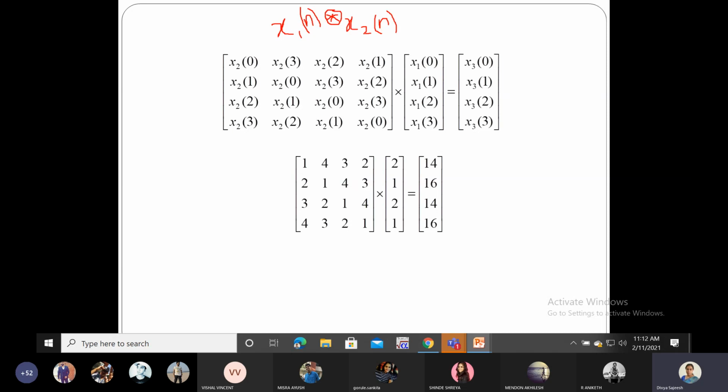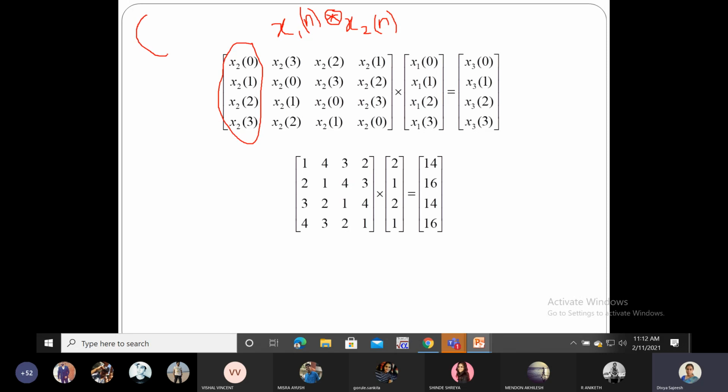So what you are going to do, x2 of n will be taken as the elements of the first matrix. The first element you will write here is x2 of 0. Now in the second column you will shift the elements, like in a circle.